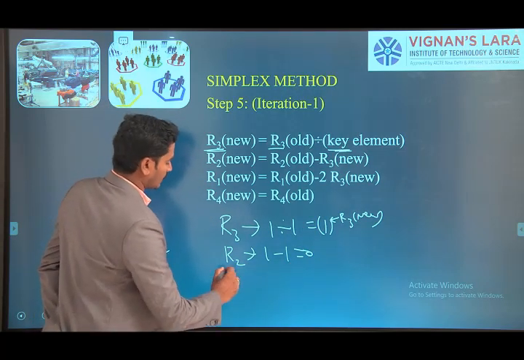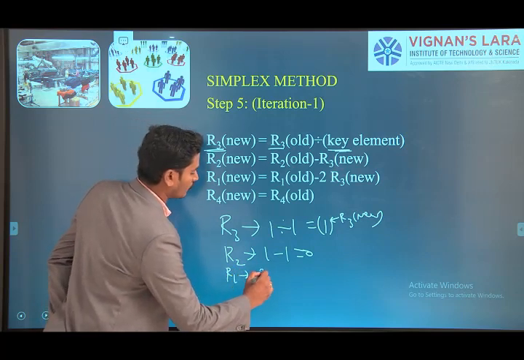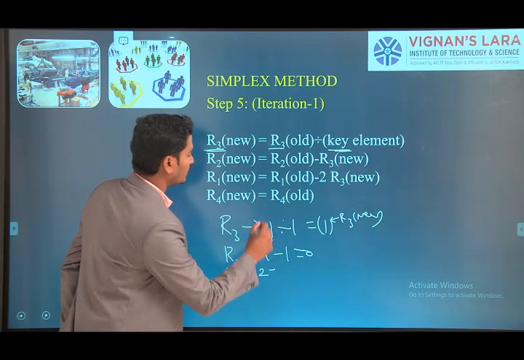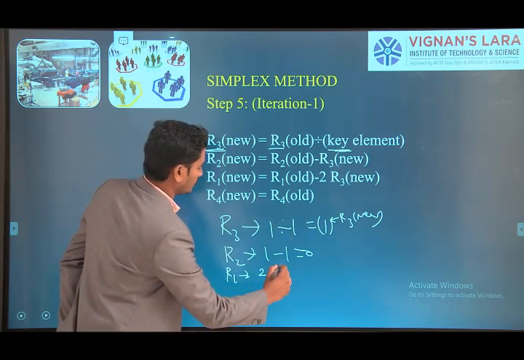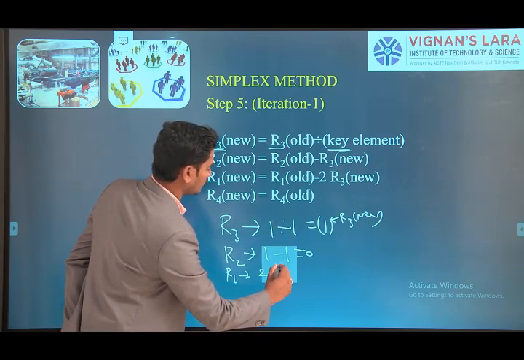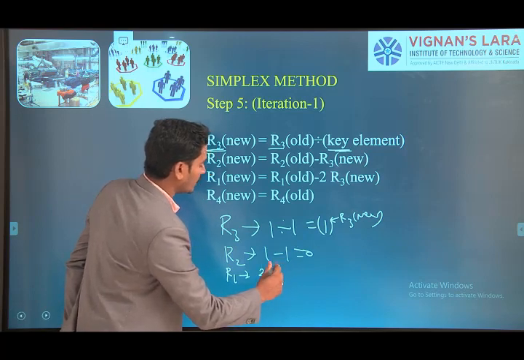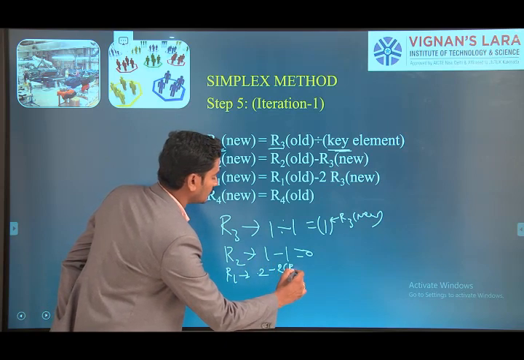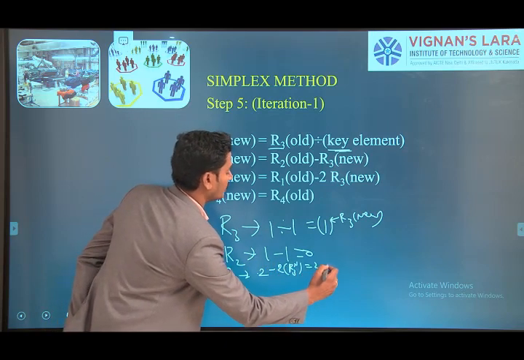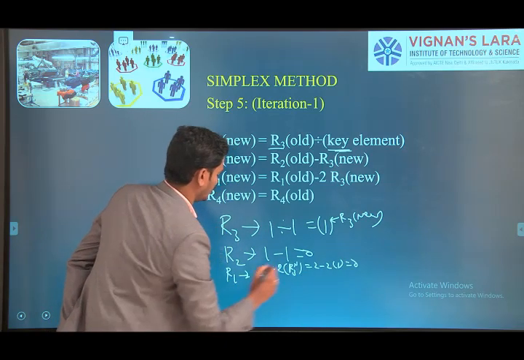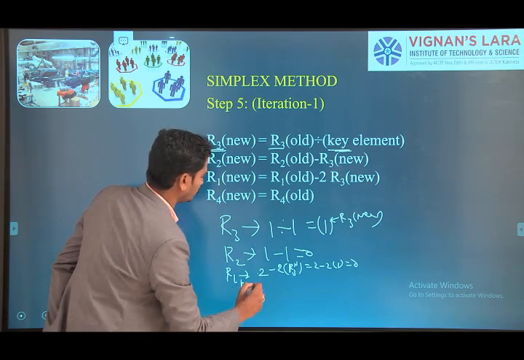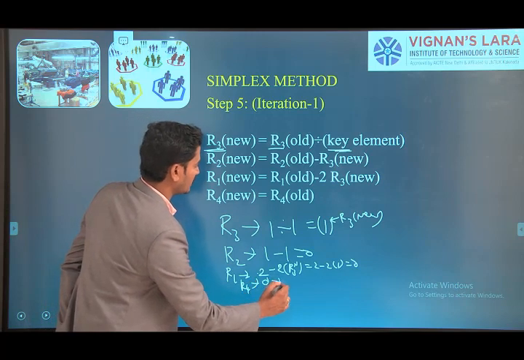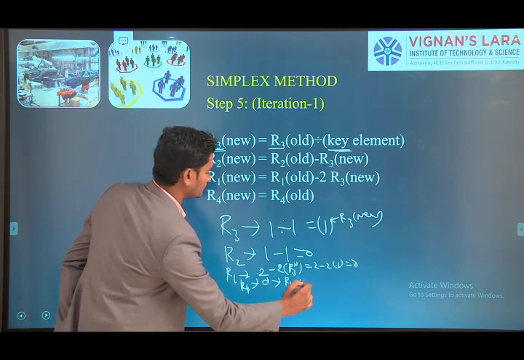The same for R1. In the old row R1 we have 2. Now we are going to convert this to 0 with the help of the new R3. What is the R3 value? 1. So 2 minus 2 into 1 is equal to 0. Similarly, R4 new is equal to R4 old. What is the R4 old value? 0. So as it is, we take R4 new equal to R4 old.